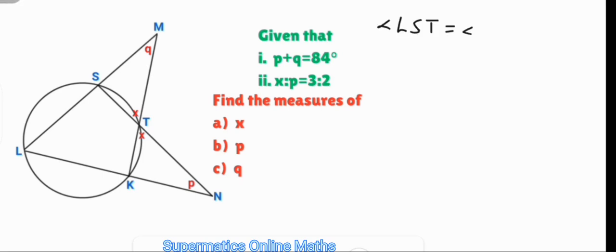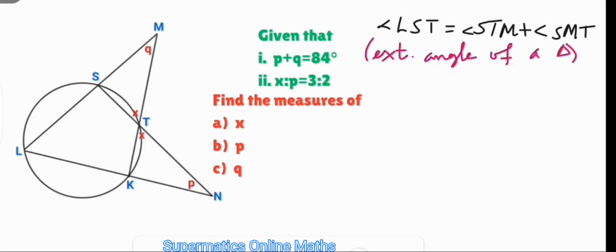Angle LST is equal to angle STM plus angle SMT. The reason for that is because it is the exterior angle of the triangle SMT. And this angle LST is the sum of X and Q, which I can label equation 1.